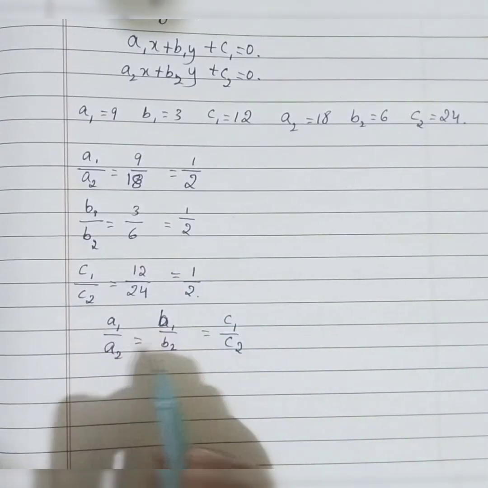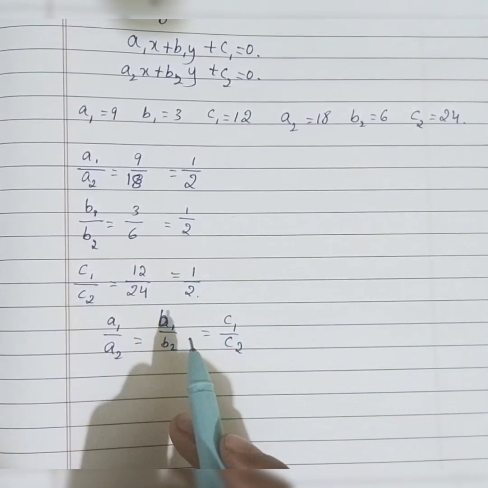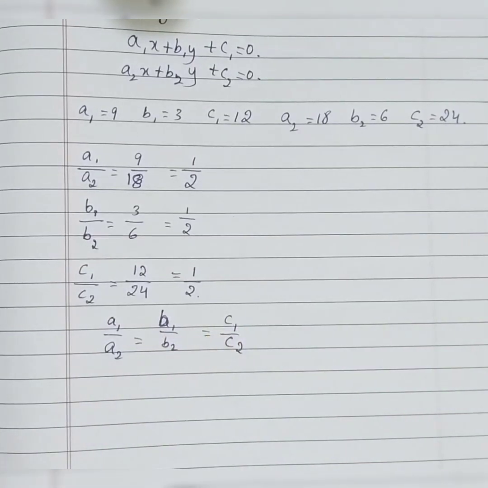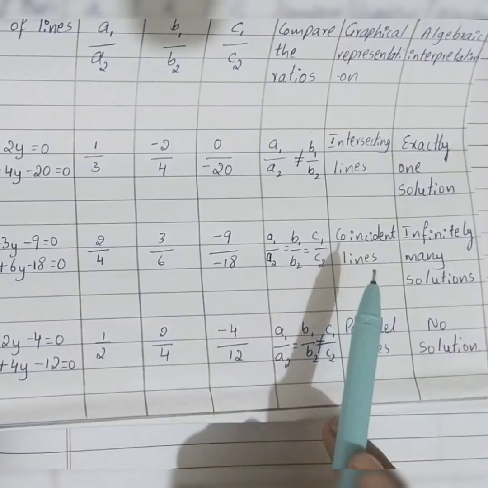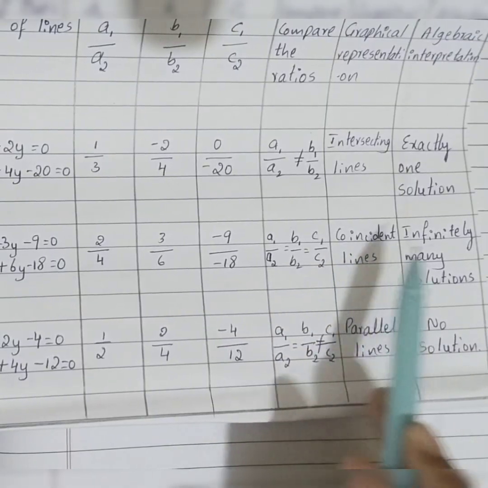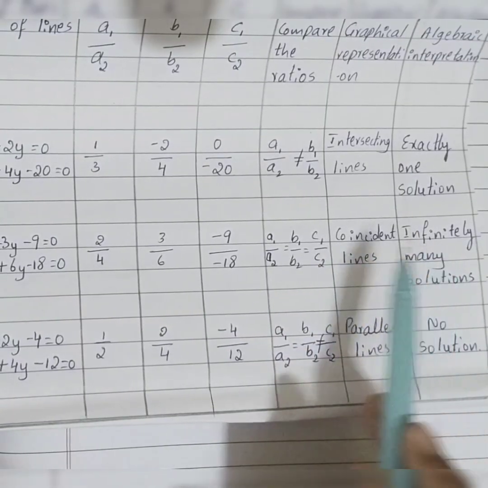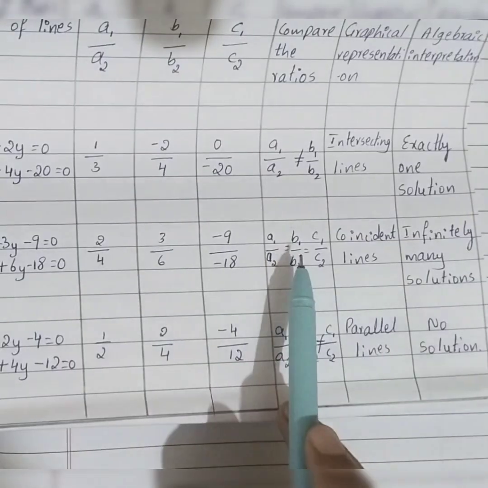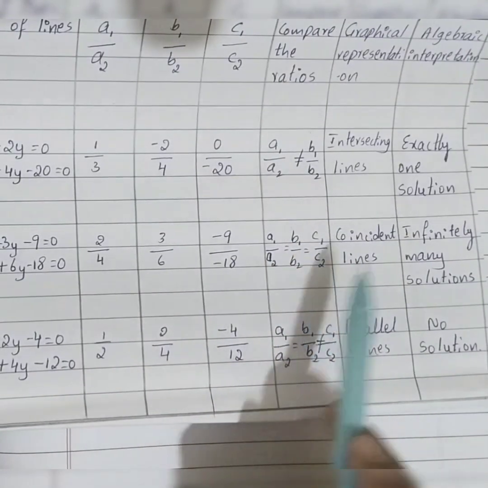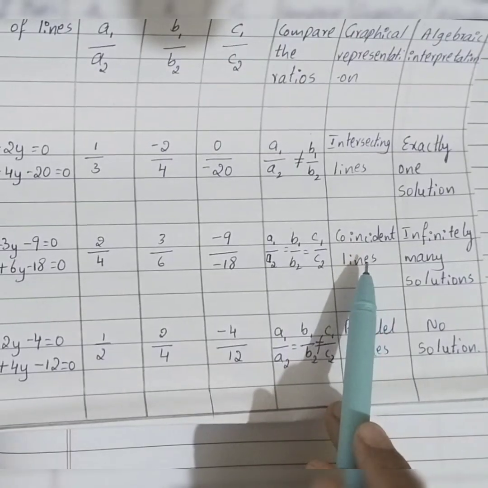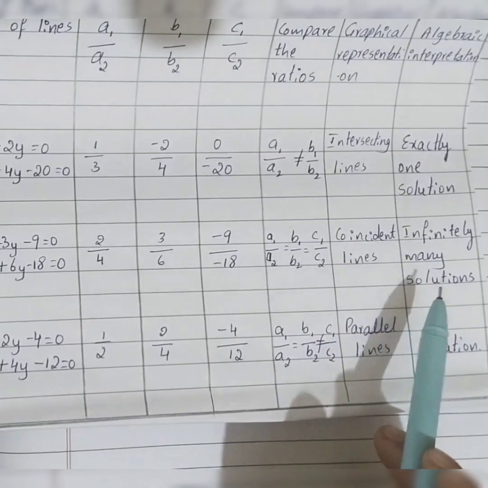What if all three ratios are equal? Let us check about this. If all three ratios are equal, we will get coincident lines and infinitely many solutions. a1 divided by a2 is equal to b1 divided by b2 is equal to c1 divided by c2 means coincident lines and infinitely many solutions.